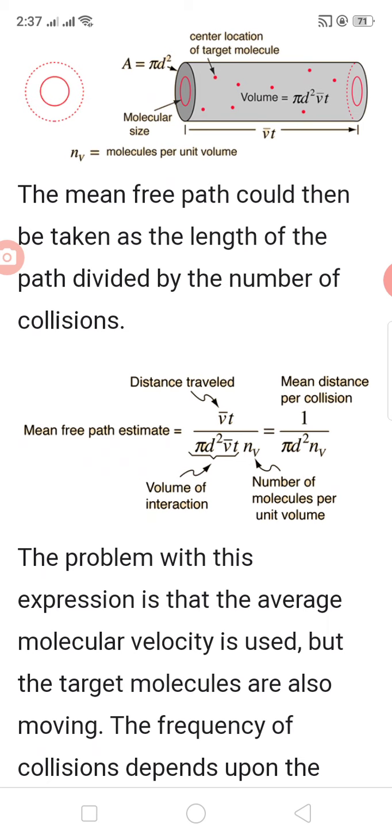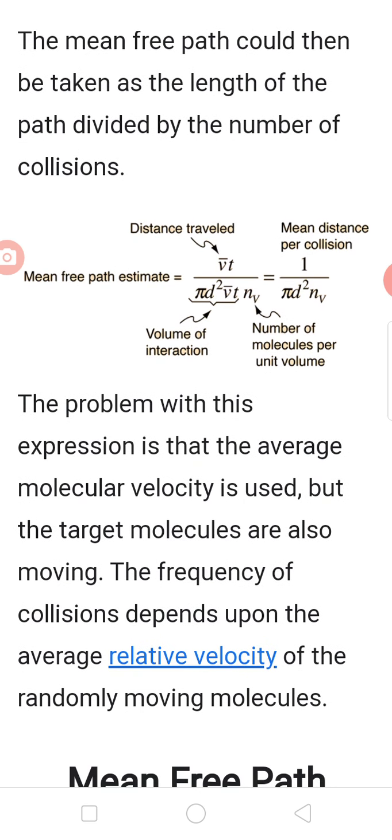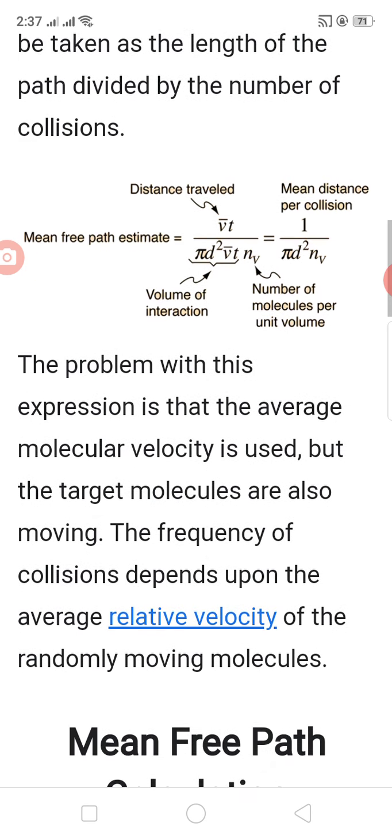The problem with this expression is that the average molecular velocity is used, but the target molecules are also moving. The frequency of the collision depends upon the average relative velocity of a randomly moving molecule.